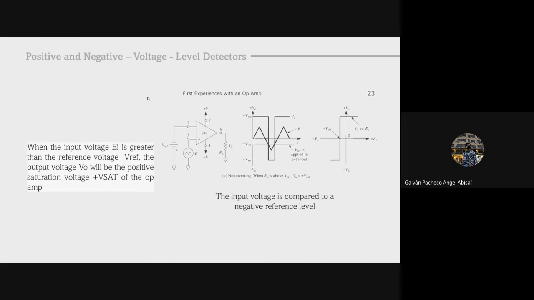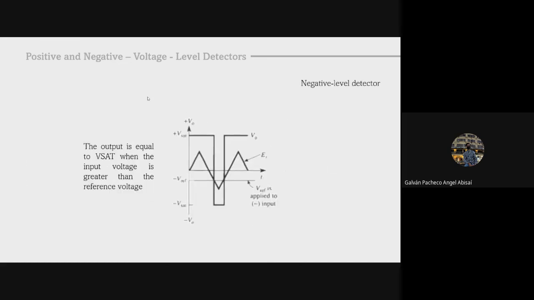And as you can see in the picture, when the value of the input signal voltage is bigger than the reference voltage, the value in the output will be equal to the saturation voltage.